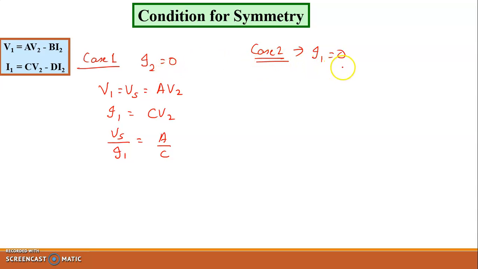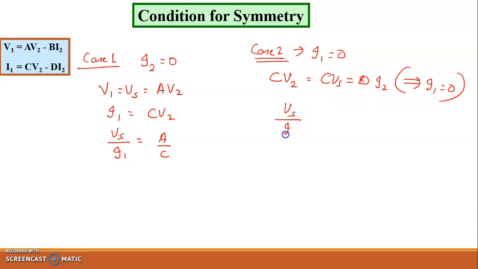Substituting this in the equation, since we have I1 equal to 0, in the second equation I can write CVs minus D I2 is equal to 0. Therefore CVs will be equal to DI2. From this equation I can solve for Vs by I2, that is equal to D by C.